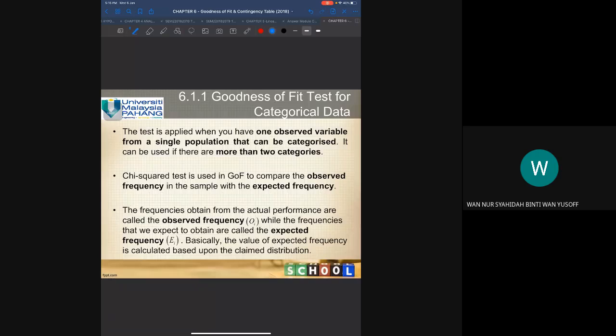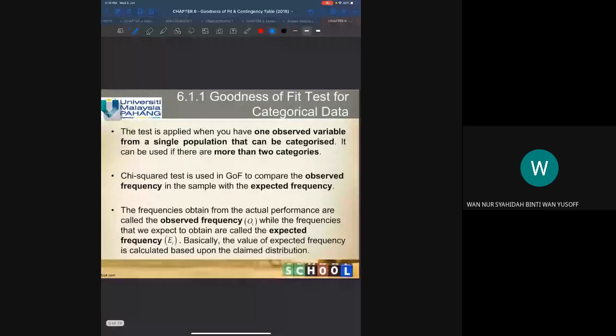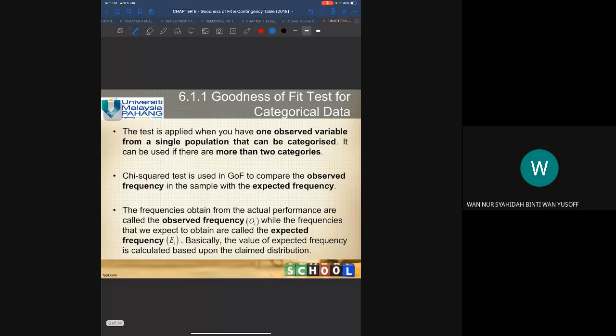You are given the observed frequency, we calculate the expected frequency based on the distribution given, and then we compare the actual performance, your observed frequency, with the expected frequency. We need to see whether the data that we have fit the distribution or not.